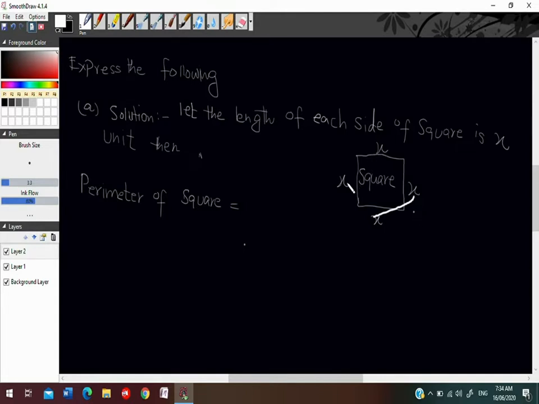So 4 times x we add and get the perimeter of square. x plus x plus x plus x is equals to 4 times this x, and we call this equation number 1.